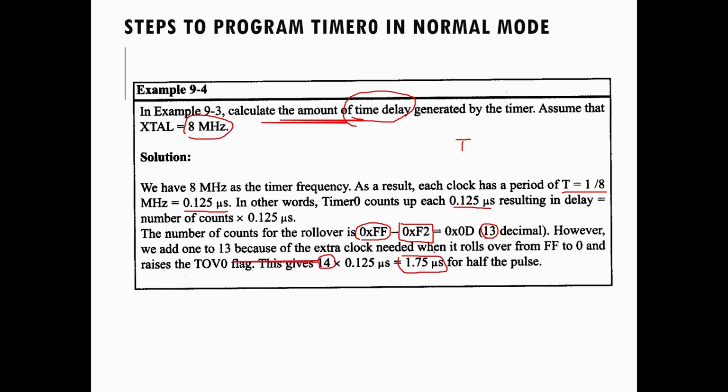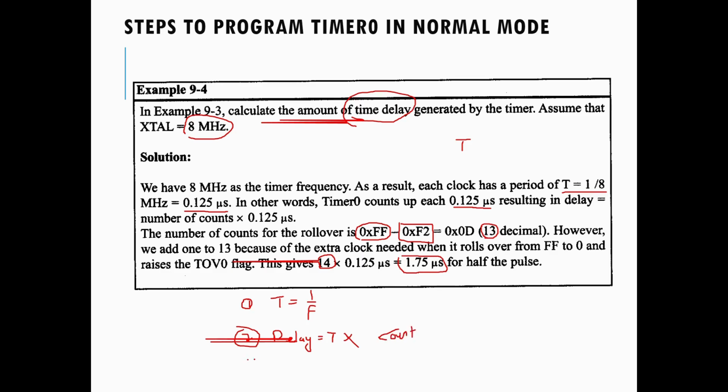We know the frequency, so we can measure the period, T = 1/F. Second, the delay equals T multiplied by count.